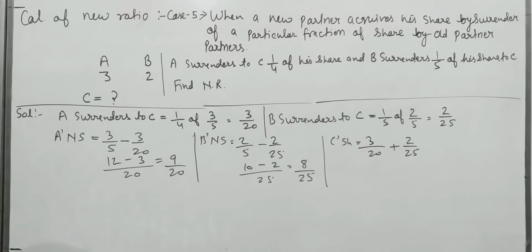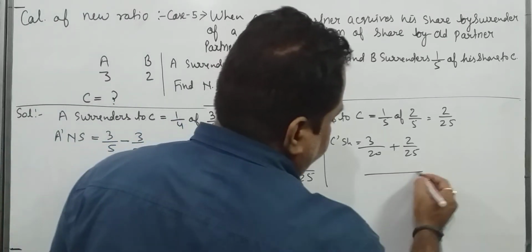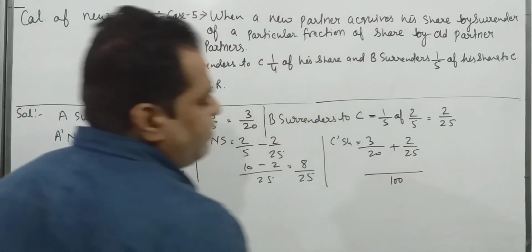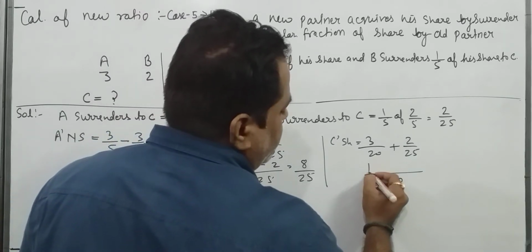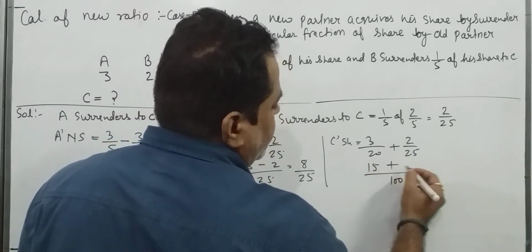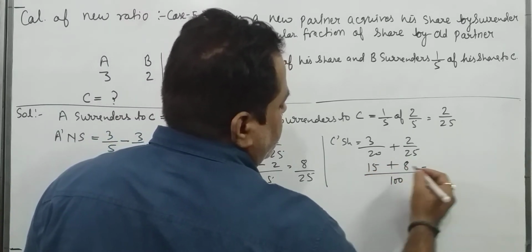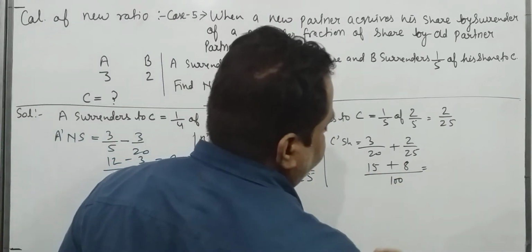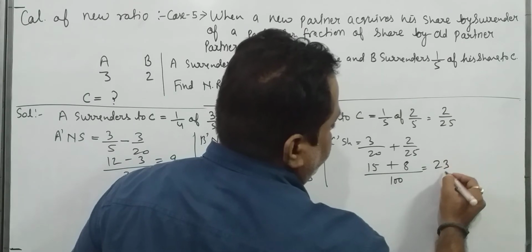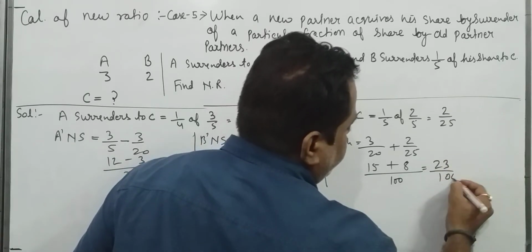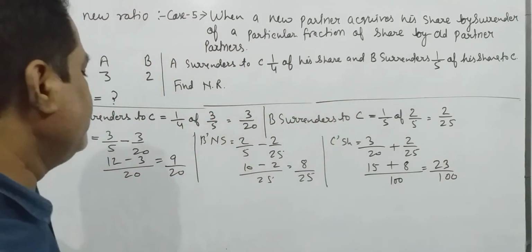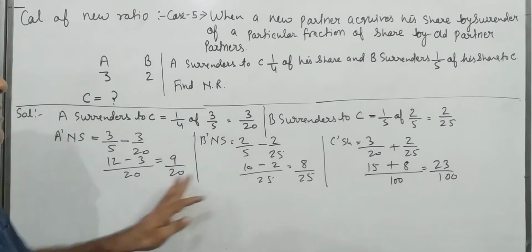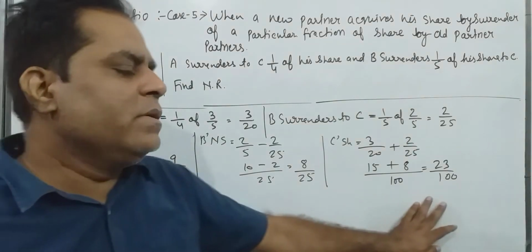Okay, so LCM will be 100. 5 threes are 15 plus 4 twos are 8, 15 plus 8 is 23/100. Now you can see this is A's new share, this is B's new share, and this is C's share.